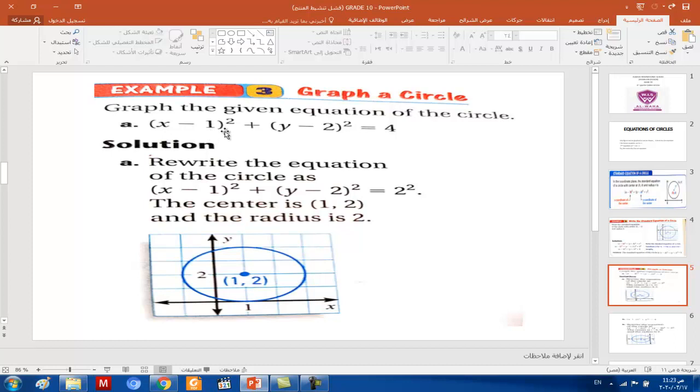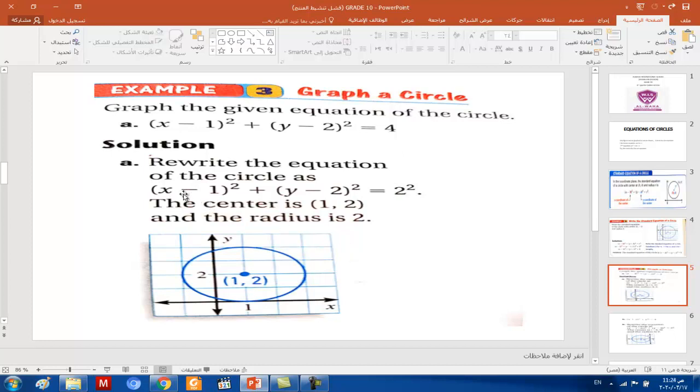So x minus h, but h here equals 1 without the negative. So y minus 2, it's y minus k. K here equals 2. So the center here will be 1 and 2. And the radius, I need a number: power 2 equals 4. So of course 2 power 2 equals 4. So the radius is 2.